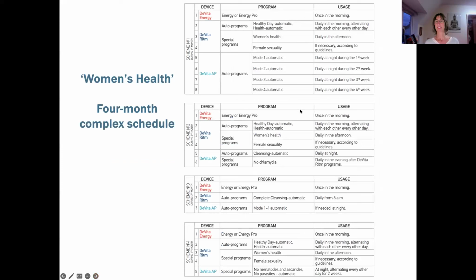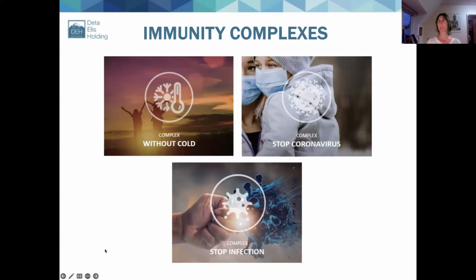Here's an example of women's health, looking at programs to do with women's reproductive health, women's sexuality, and various microorganism programs that might be creating issues with reproductive health. Here's an example, getting rid of chlamydia. So these are just examples of the 4-month schedules that are available.